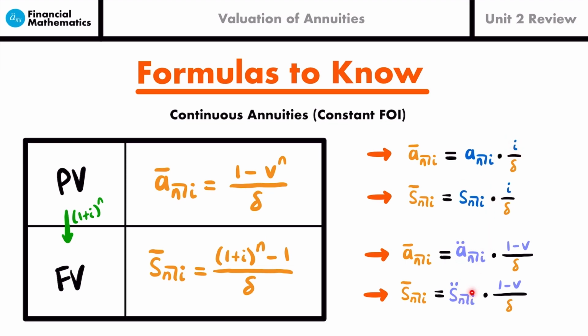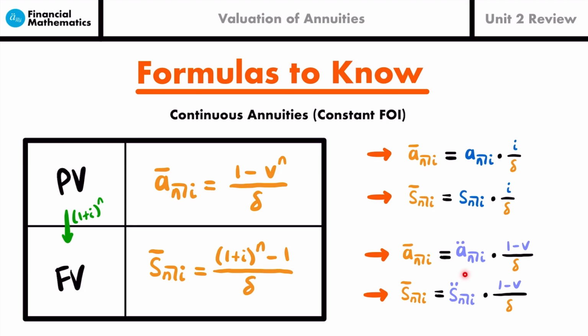And you can do the same thing for the annuity due formulas, except of course in their denominators you have 1 minus v, so that's what you want to have in the numerator of what you're multiplying them by. Multiplying these formulas by these fractions eliminates the 1 minus v in the denominator of their formulas and replaces it with the constant force of interest that you would want in that denominator.